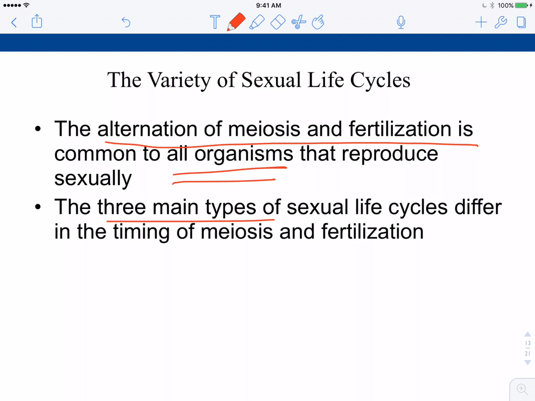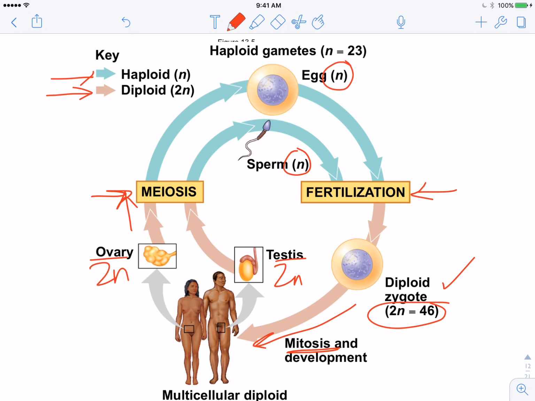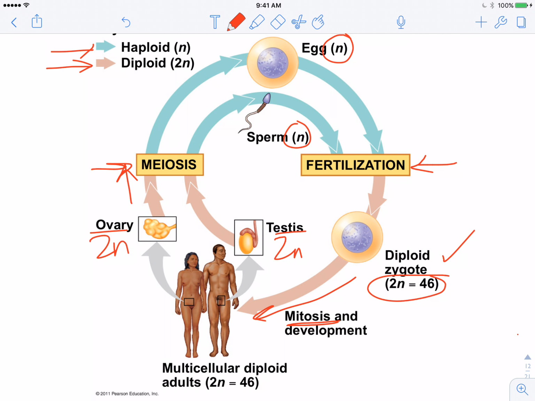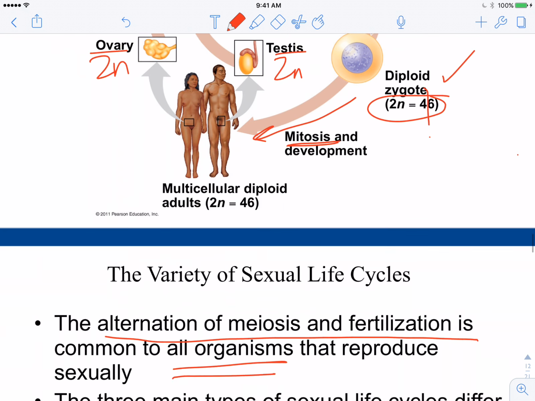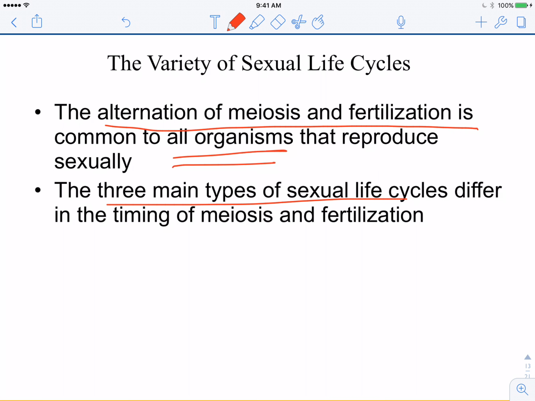There are 3 main types of sexual life cycles, and they all follow this basic pattern, but they differ in the timing of meiosis and fertilization.